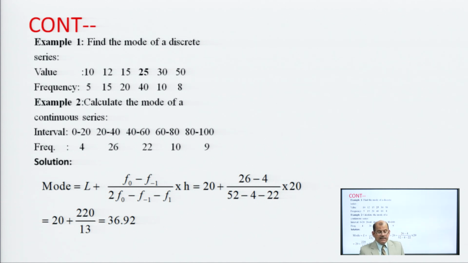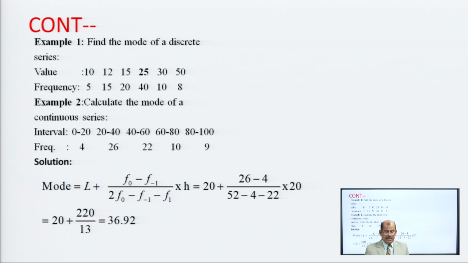Second example, it is an example of grouped data of a continuous series, which means we have to use the formula. Calculate the mode of a continuous series: intervals 0 to 20, 20 to 40, 40 to 60, 60 to 80, 80 to 100; frequencies 4, 26, 22, 10 and 9.